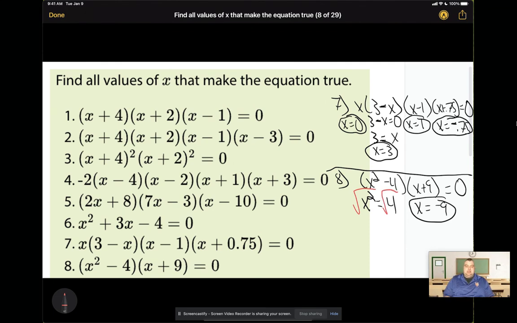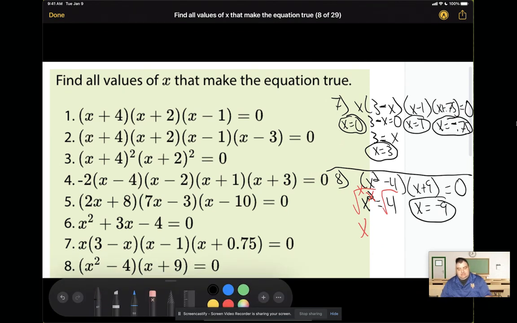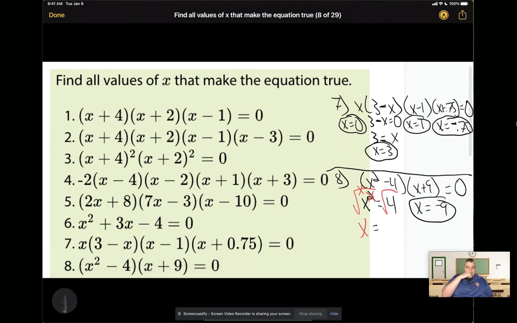Why am I going to square root both sides? Because squaring and square rooting are opposites of each other. Squaring and square roots will cancel each other out, leaving me with x. And on the right-hand side, the square root of 4 is going to be either 2 but it could also be -2.